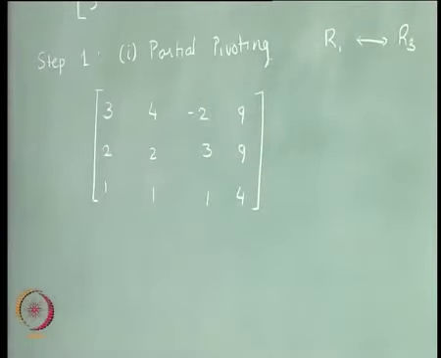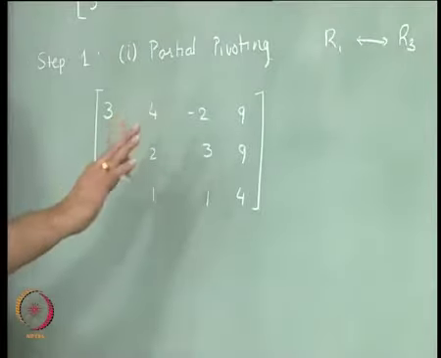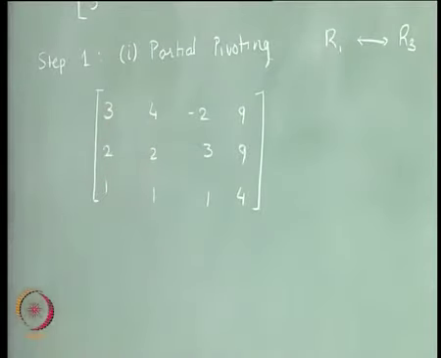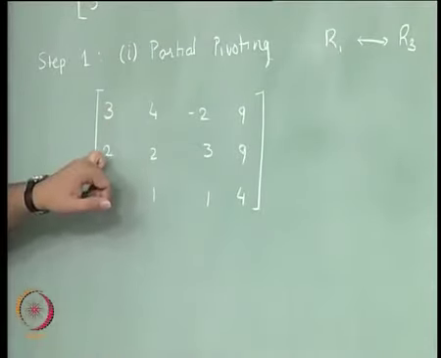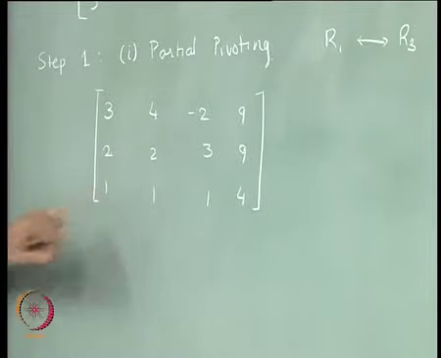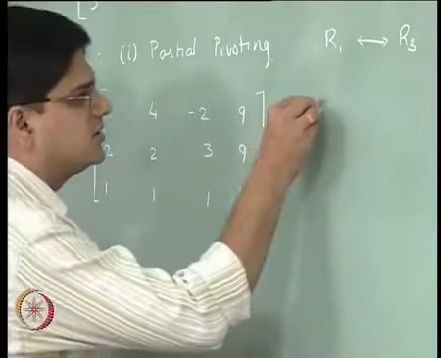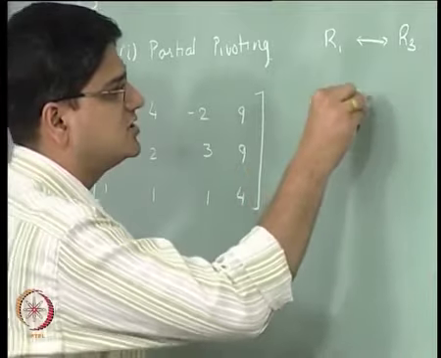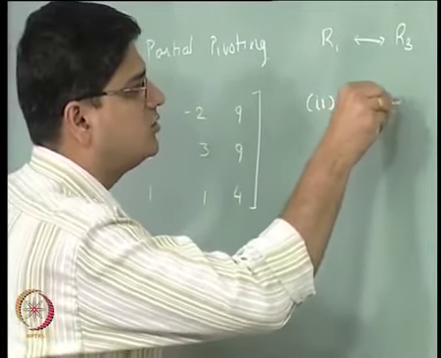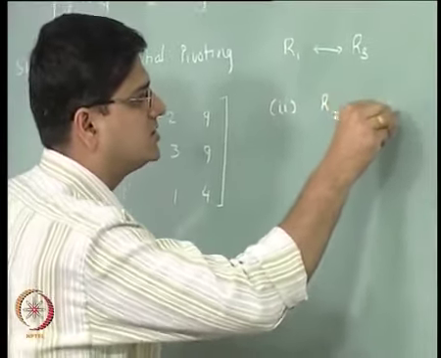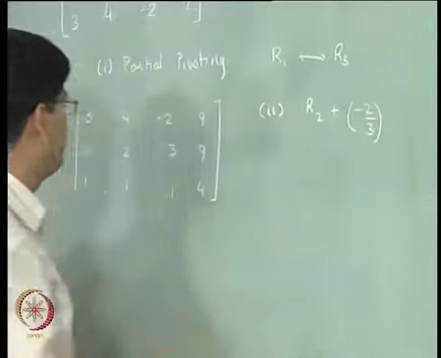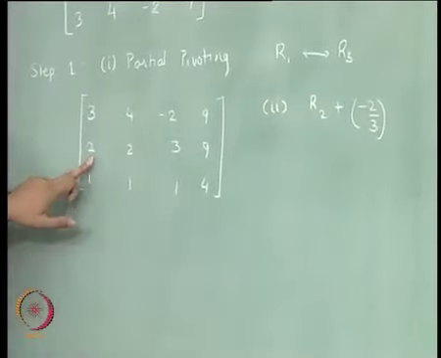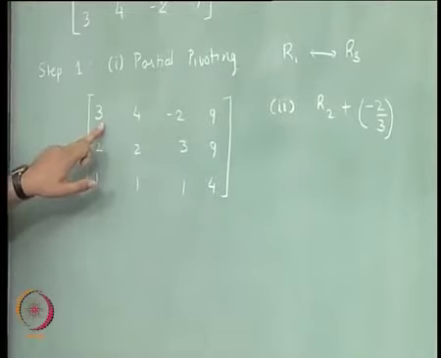Okay. After getting this particular matrix, what we need to do is, with the interchanged row 1 we will now eliminate this element and this element, which basically means the second set of operations we will do is R2 plus minus 2 divided by 3, because this divided by this is the alpha value.